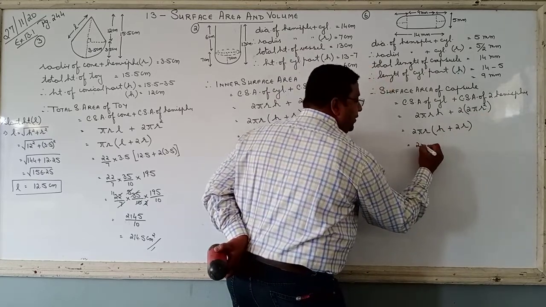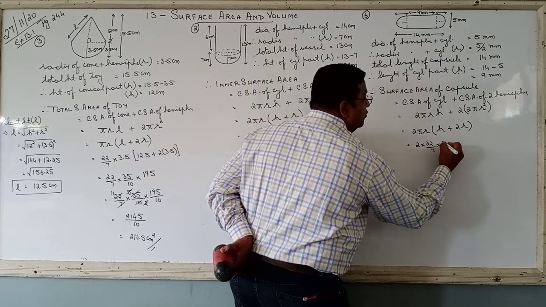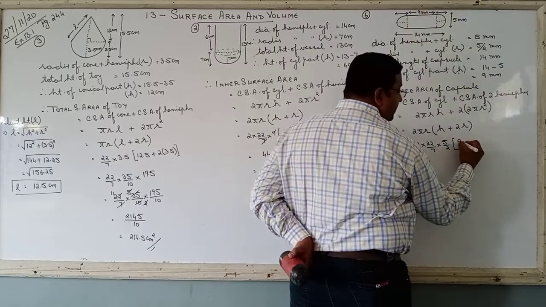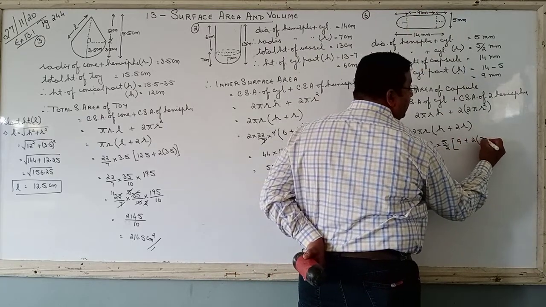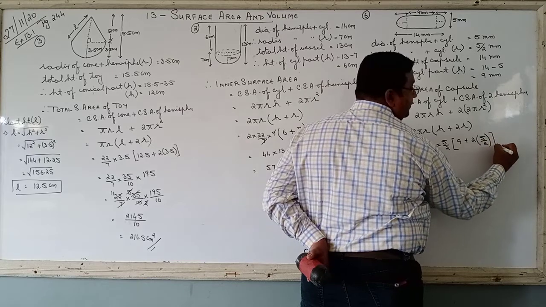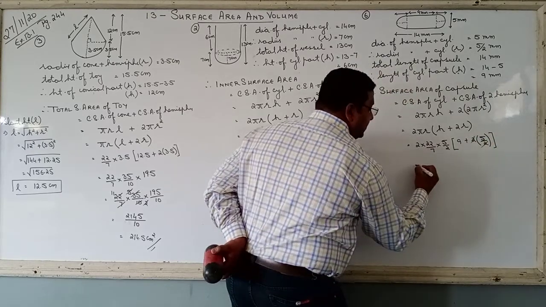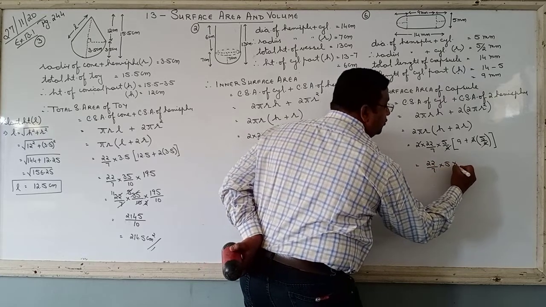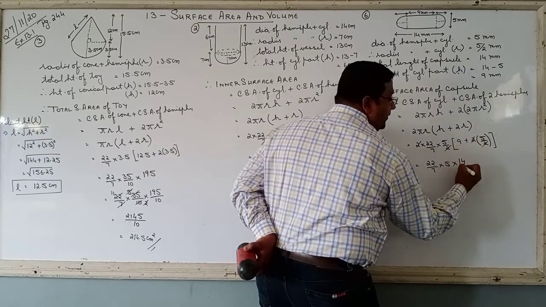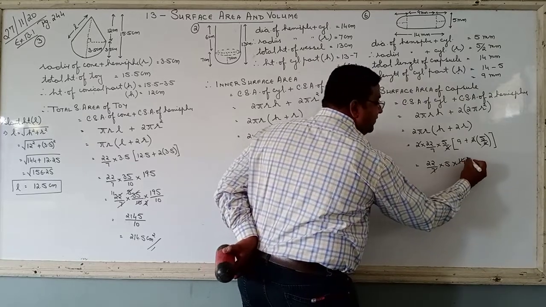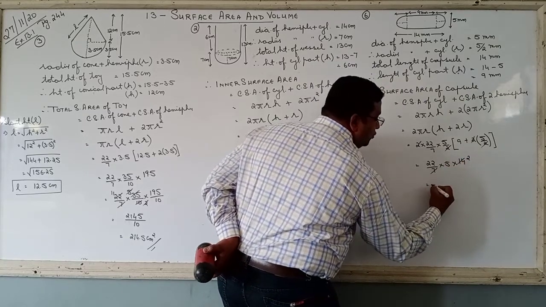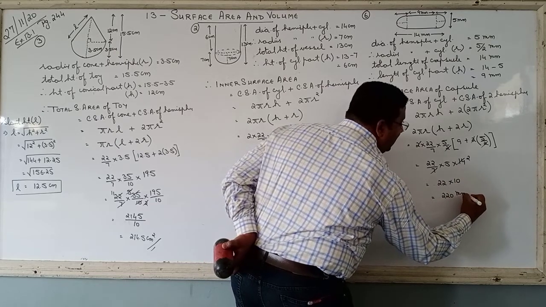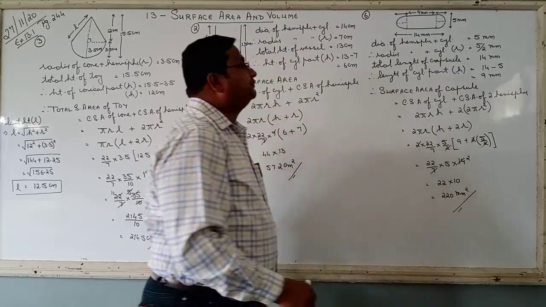Substitute the values: pi is 22 by 7, r is 5 by 2, h is 9, plus 2 into r, 5 by 2. 2 and 2 cancel, so 22 by 7 into 5 into 9 plus 5, that is 14. 7 twos are 14, 5 twos are 10, 10 into 22, that is 220 millimeter square.